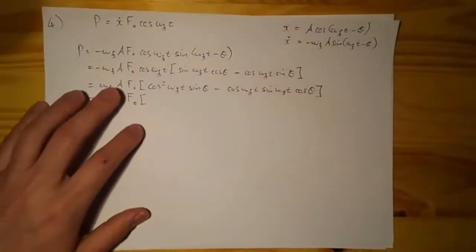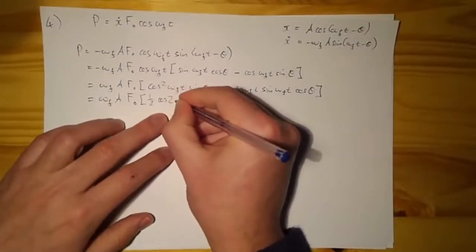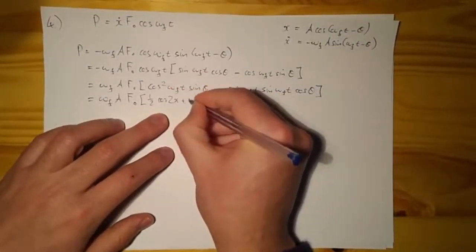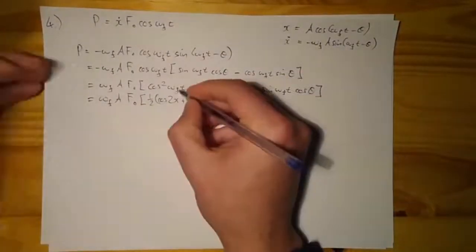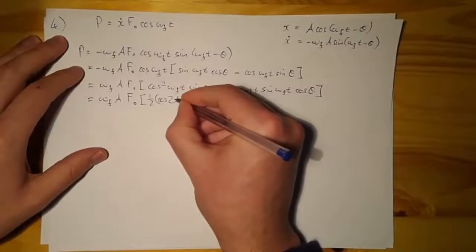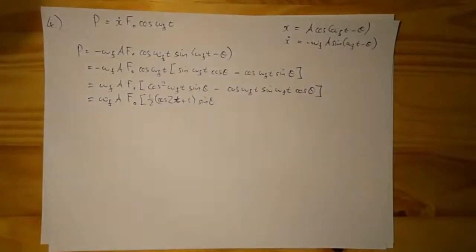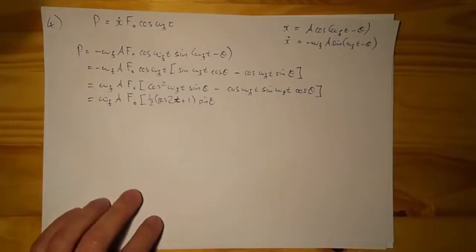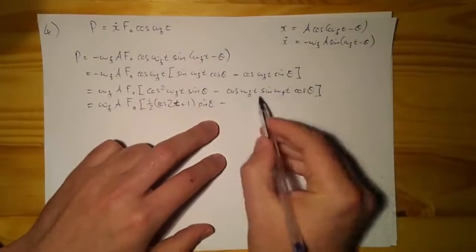So this will become half cosine 2x plus 1 times sine of, oh, not x, t, sine theta. All right, good, excellent. So that expression I can integrate. Okay, so that's very good. Minus, and that term I remember.